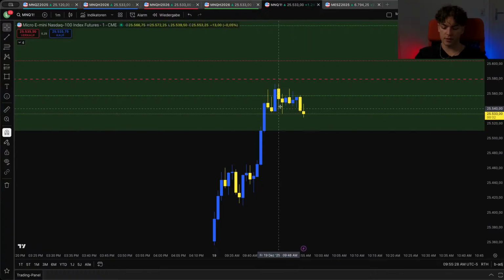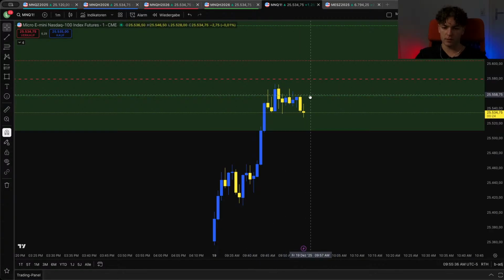So price failed to trade up into the daily discount wick midpoint. Used weekly's volume imbalance lower quadrant level here.